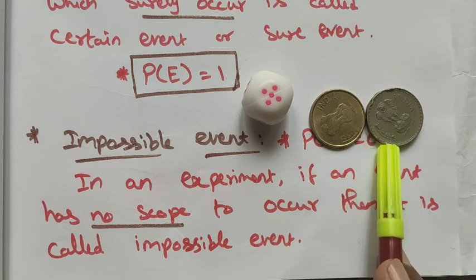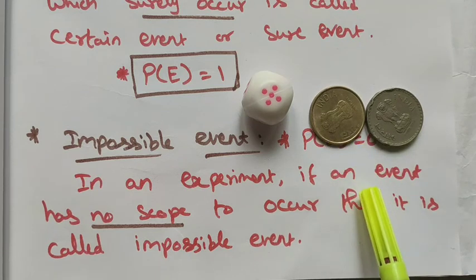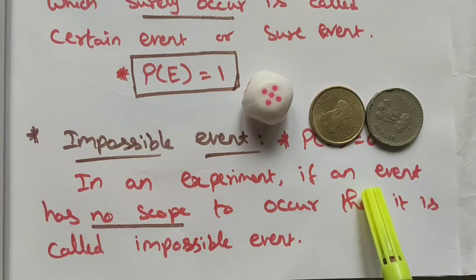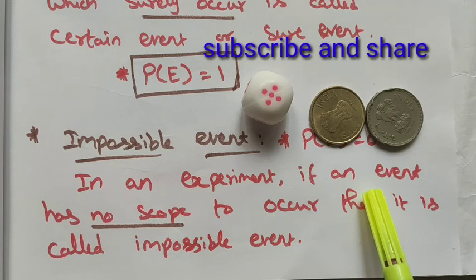We can give a lot of examples of impossible events. One child is entering the first standard class or LKG class, and then suddenly we conduct the exam for the 9th standard portion for that student. That is impossible. That student is not able to write the 9th standard portion.